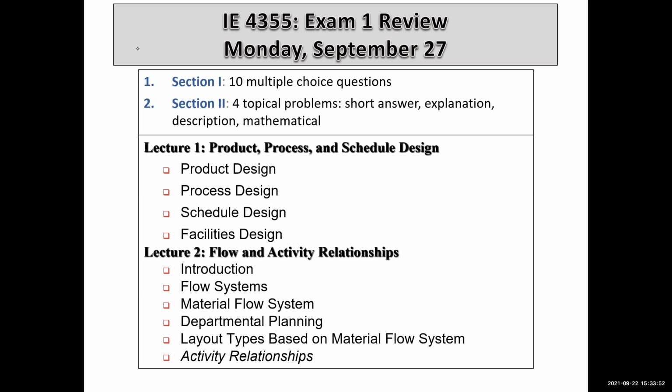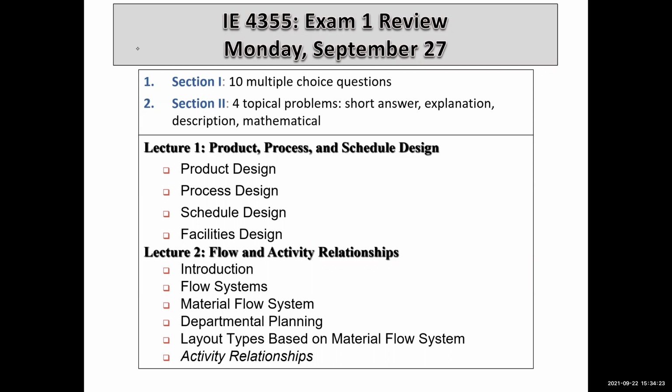These are questions that are based on the concepts that we cover during the first part of the semester. Like definitions, different types of charts that we have discussed and when to use those, the from-to chart, when do you use a from-to chart, what is an activity relationship chart, and so on. So make sure that you understand what those are.